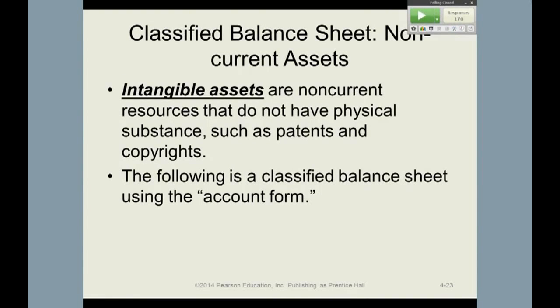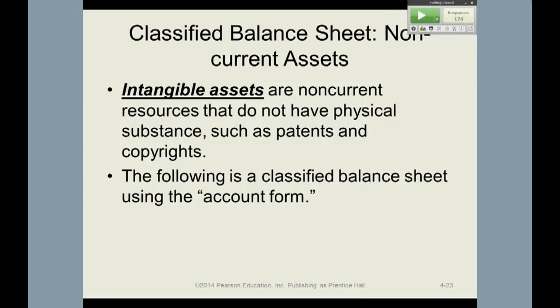Intangible assets are going to be rights that you acquire. They do not have any physical substance, but they have value because of the rights that they confer on the holder. So if you have a franchise, all you've got is a piece of paper that allows you to sell the product. If you have a patent, it gives you the right to manufacture a product.